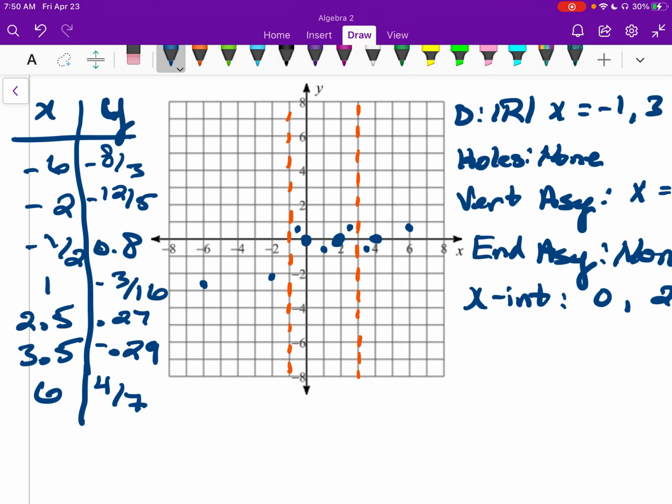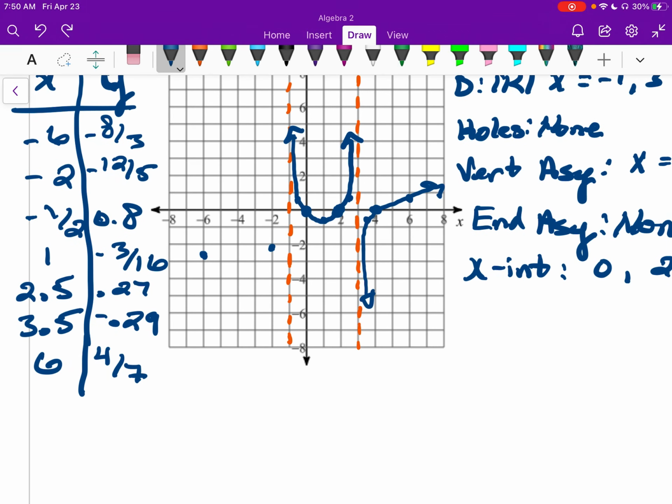From this, what it looks like to me is there's going to be a little bit of a parabola in the middle here. The right side here looks like it's going to swoop like that. The left side, though, I don't really know what it's going to do. I look here, and I kind of want to say that it's going to do this. But I know that if it were to do that and hit the x-axis, we would have had it marked already. So what I'm going to do is plug in another point.